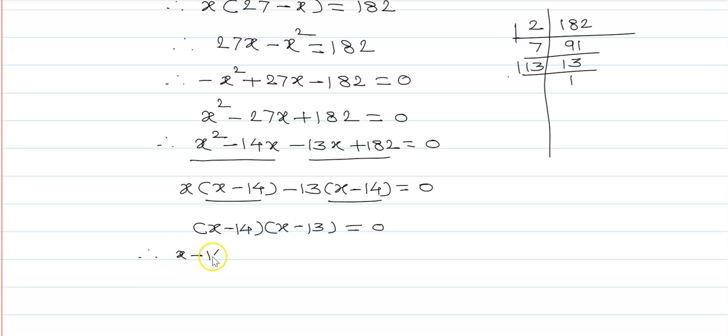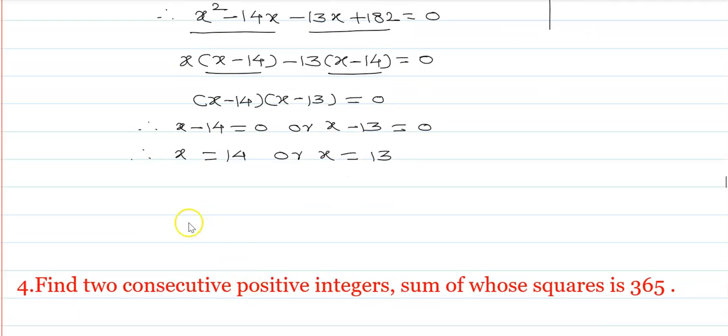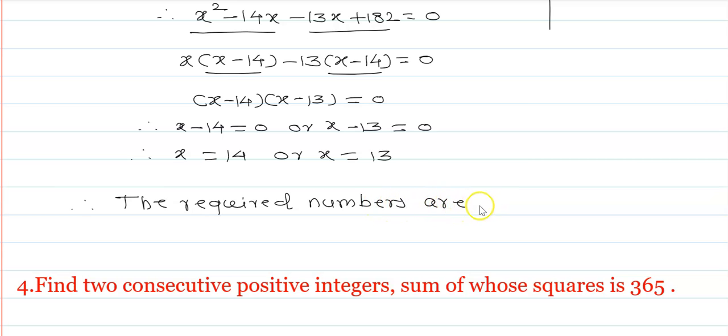Therefore, x minus 14 equals 0, or x minus 13 equals 0, and hence x equals 14 or x equals 13, and therefore the required numbers are 13 and 14. Okay, now we'll take the next question.